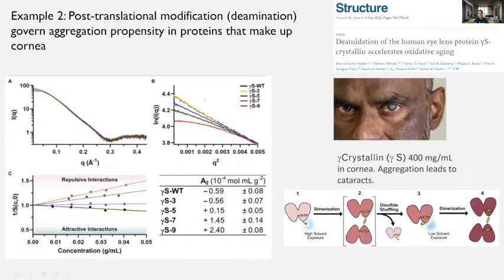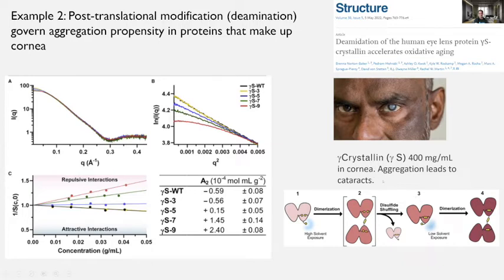Another example was looking at post-translational modifications. So there's a protein gamma crystalline in your cornea that is at 400 mg per mil and is transparent, but over time it gets apparently deaminated. And as it becomes deaminated, it starts to enter an aggregation-prone state, which causes cataracts.